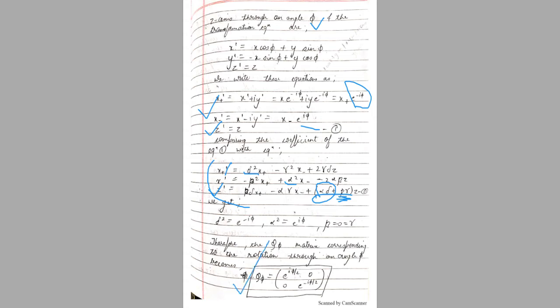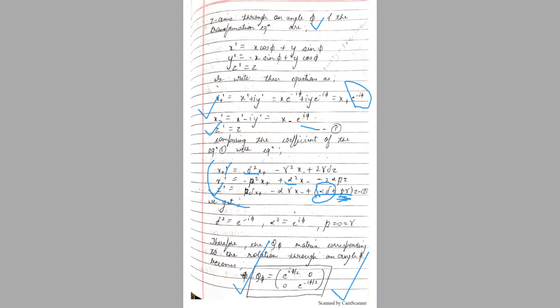So this is the corresponding matrix Q phi, that is when I rotate my coordinate axis along the z axis through an angle phi, I will get this as my matrix. So from here we can say that we have obtained the relationship between phi and alpha, beta, gamma, delta.